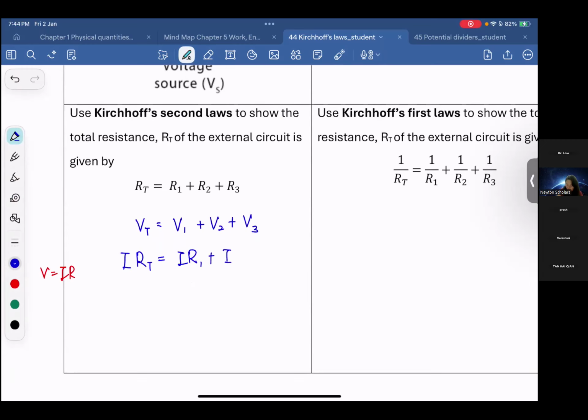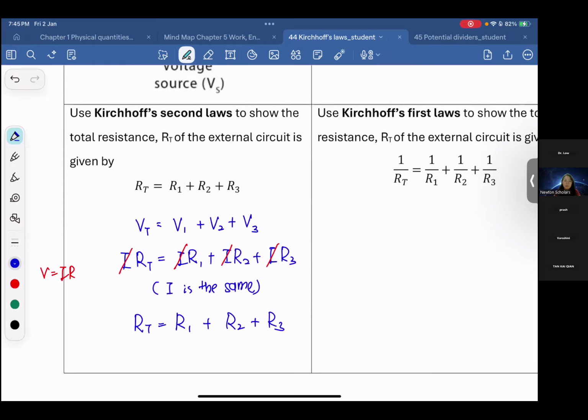So here this one can cancel, or you factorize it, then cancel it. So at the end, R total equals R1 plus R2 plus R3. That's all, finished.